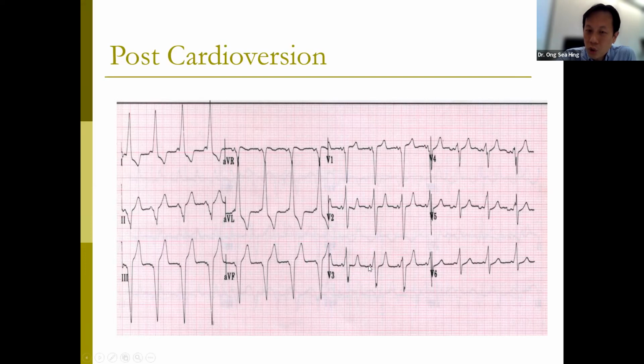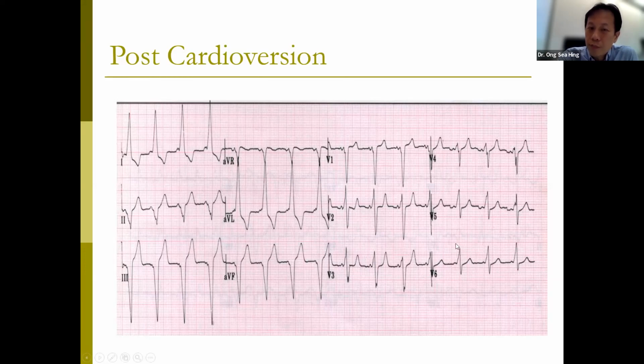That means there's a very short interval between the P wave and the R wave, a short PR interval, and then an upsloping segment between the P wave and the R wave, which is what we call a pre-excitation pattern, or what most of us have heard of as the delta wave. Here is the delta wave, delta wave.